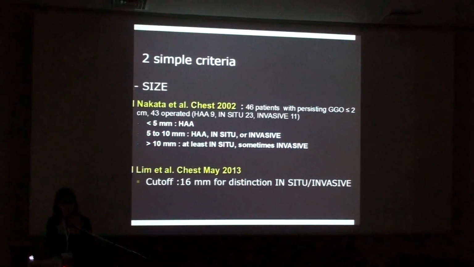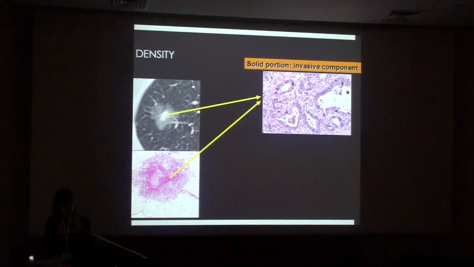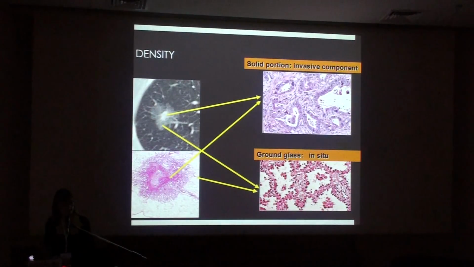So the first criterion is the size, and the second is the density or attenuation, and usually there's a good correlation between the fact that there is a solid portion, usually representing invasive component, whereas the ground glass corresponds to lipidic growth, to in situ adenocarcinoma. We have a cell proliferation along the alveolar walls.